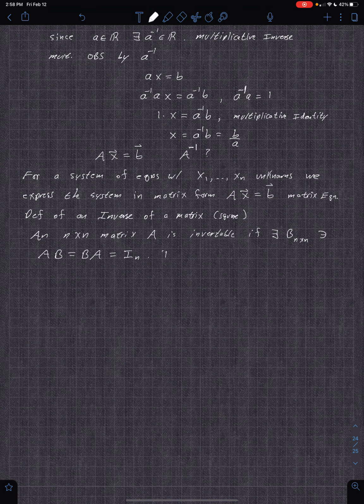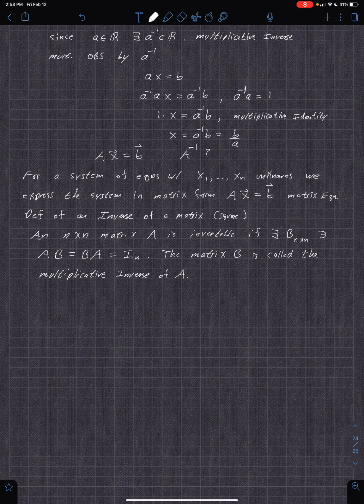So if that's true, the matrix B is called the multiplicative inverse of A. Same as above for real numbers.